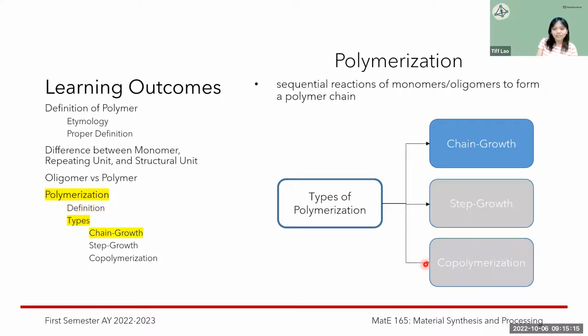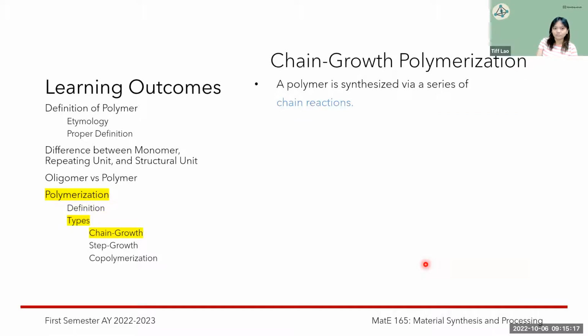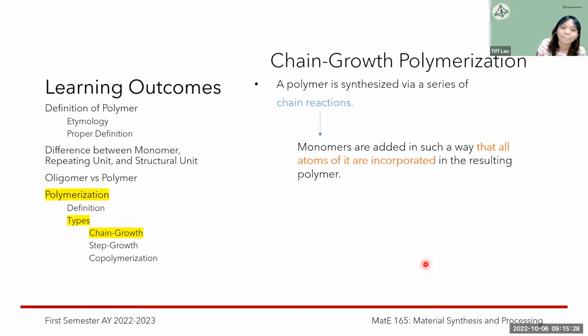And what is chain growth? So chain growth, it is just a polymer that is synthesized via a series of chain reactions. So when you say chain reactions, ito yung literal na kapag nag-react yung monomers, nagka-copy-paste lang siya. Okay?